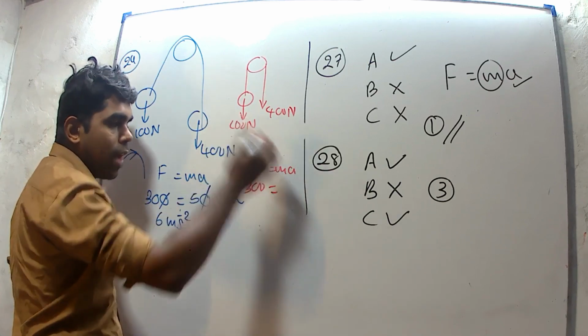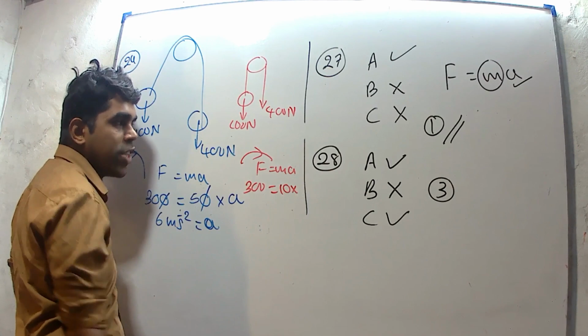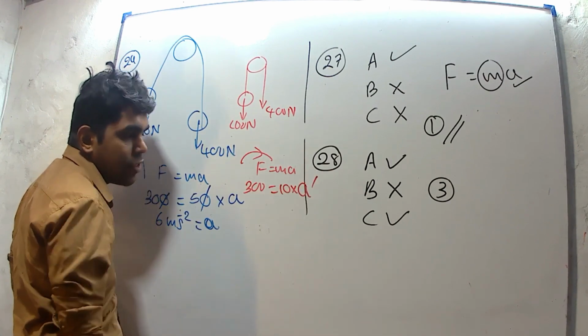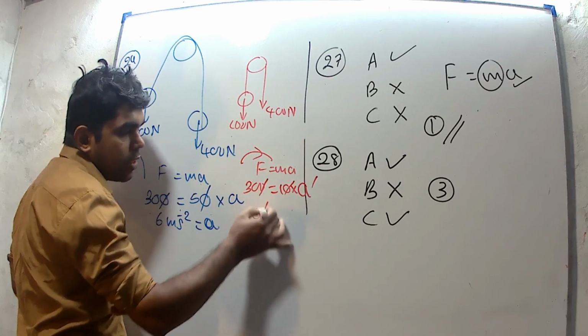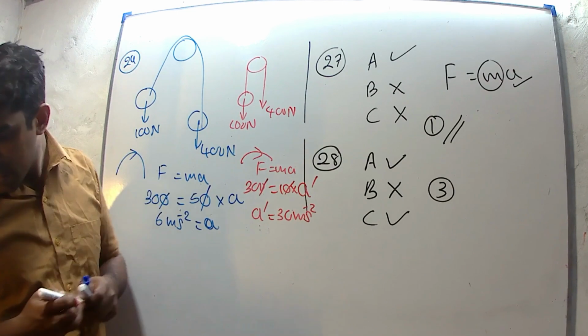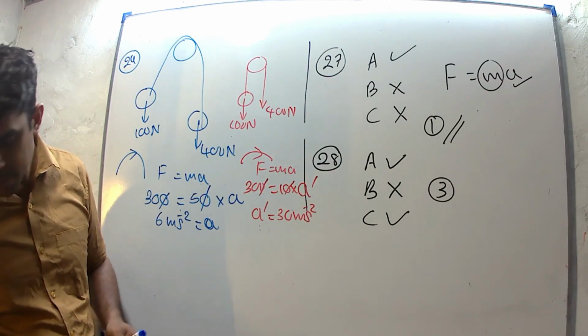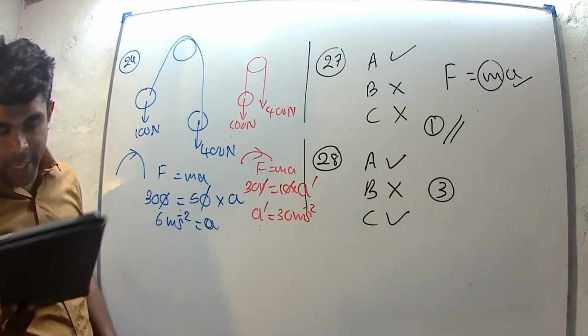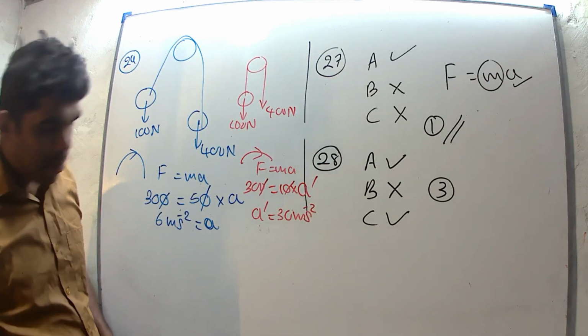It is 10 kilograms. 100 Newton means 10 kilograms. We have to find the acceleration. I have considered it as a dash. Then a dash is 30 meters per square second. Then we can get 6 and 30. Answer is 5 for the question number 29.